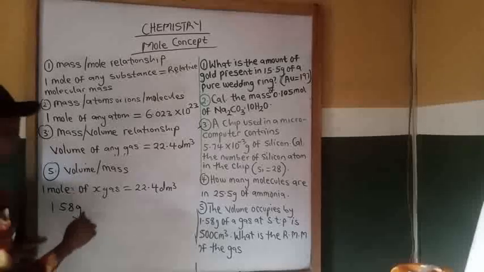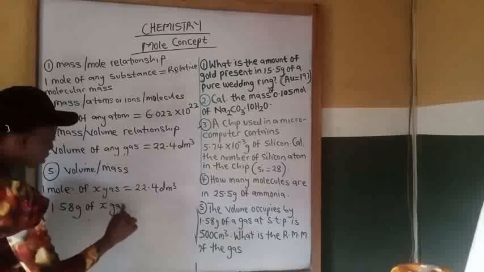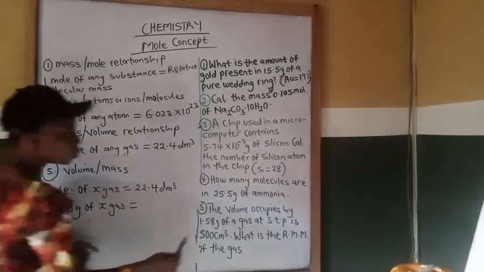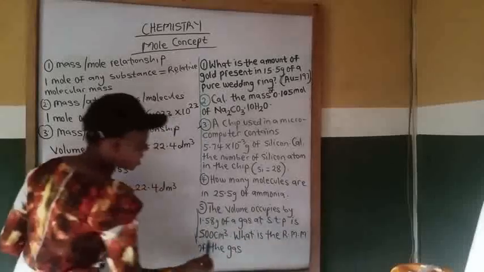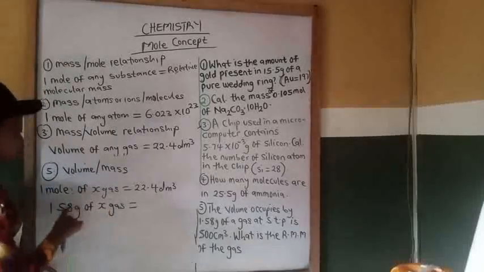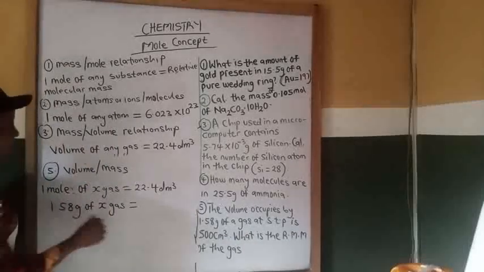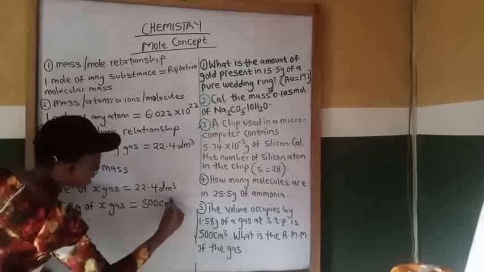So 1.58 gram of X gas, a gas at STP, is 500 centimeter cube. They've given us the volume of this 1.58 grams, which is equal to 500 centimeter cube.